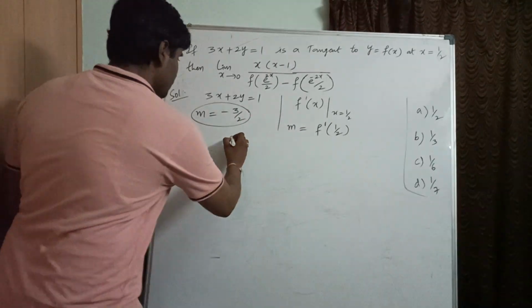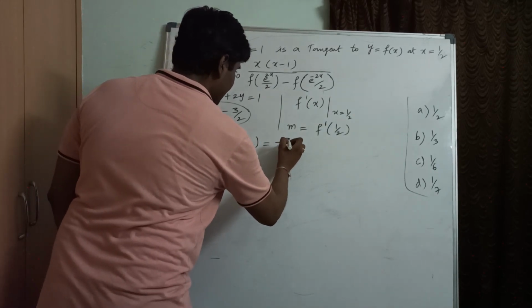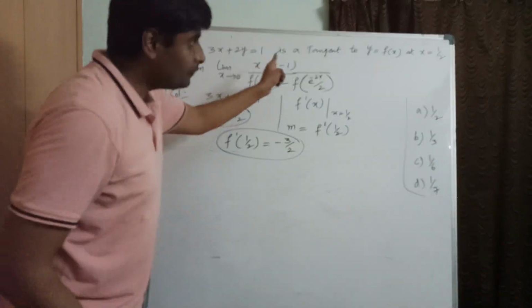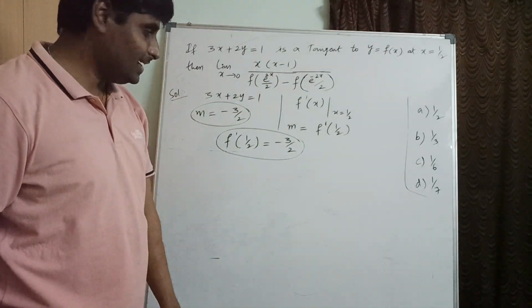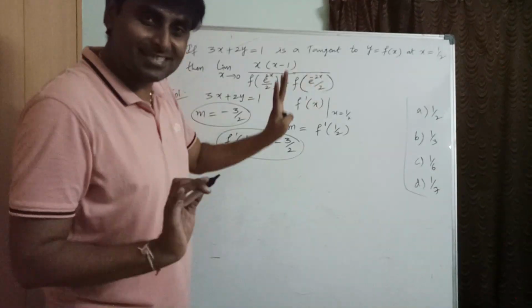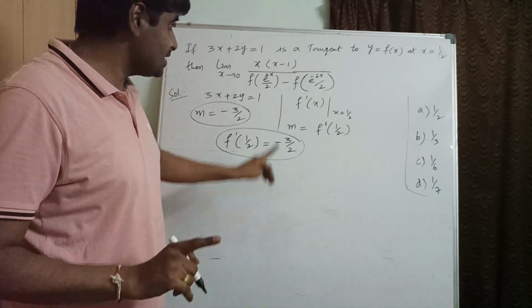That means, what did you get? F dash of 1 by 2 is minus 3 by 2. This value is given from the first sentence. Clear? But where can you substitute this value in solving this? Simple. In finding any limit problem that must be in 0 by 0 form.